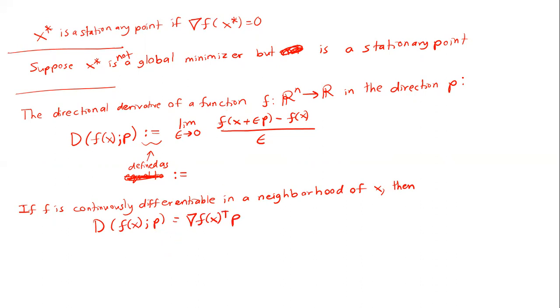So the directional derivative, this limit over here, becomes equal to taking the gradient of f at x and then transposing it against this vector p, which is the direction that we are trying to go.